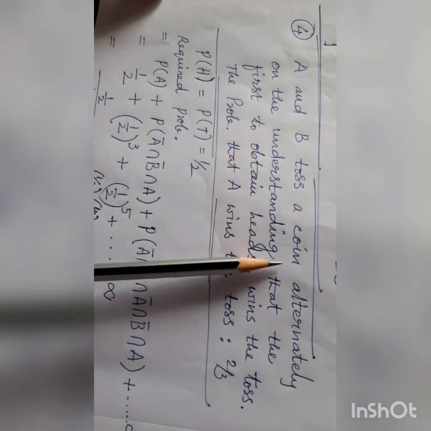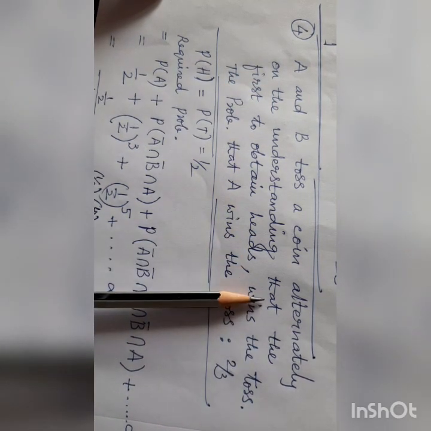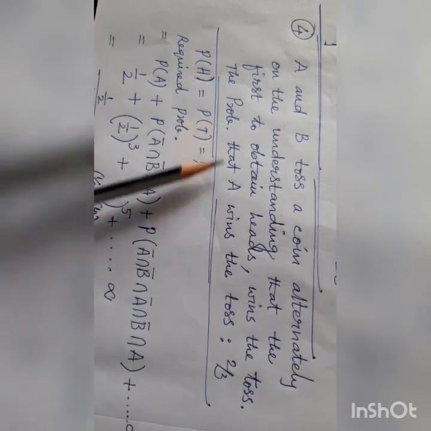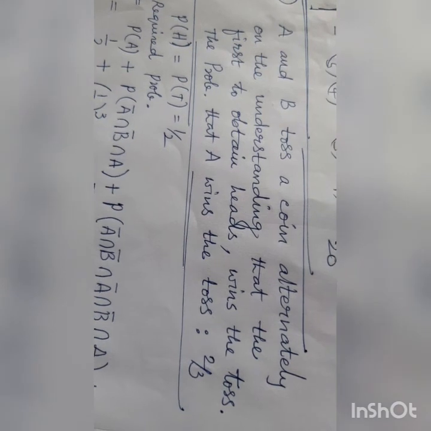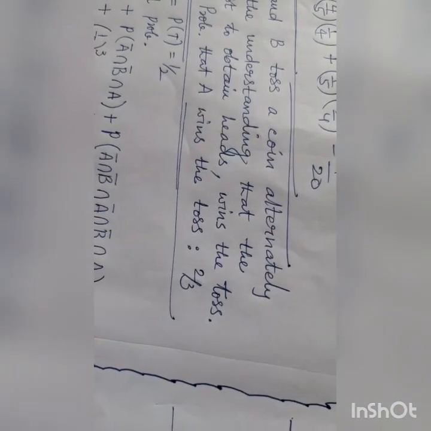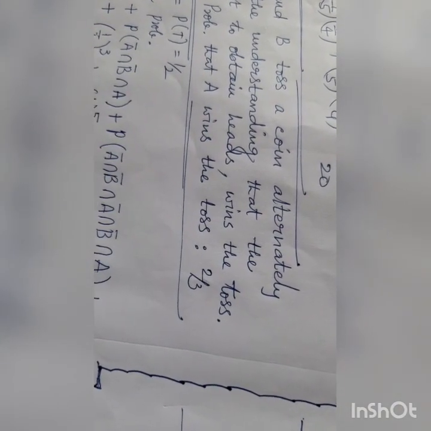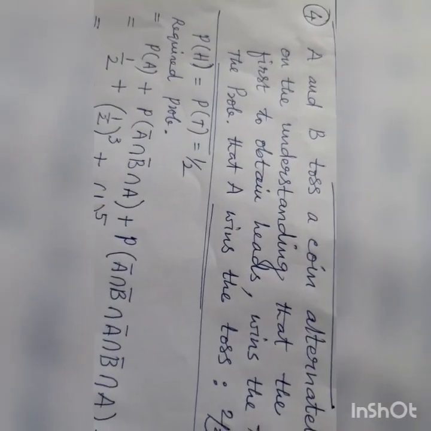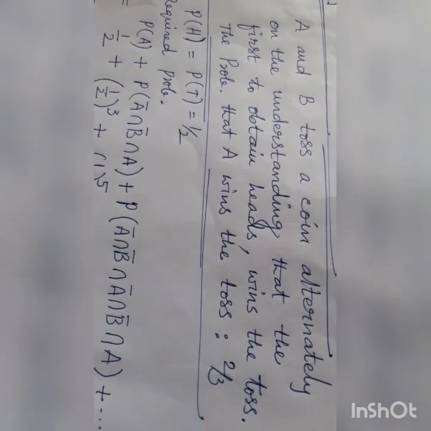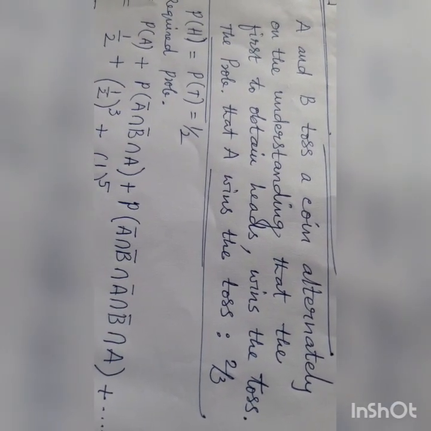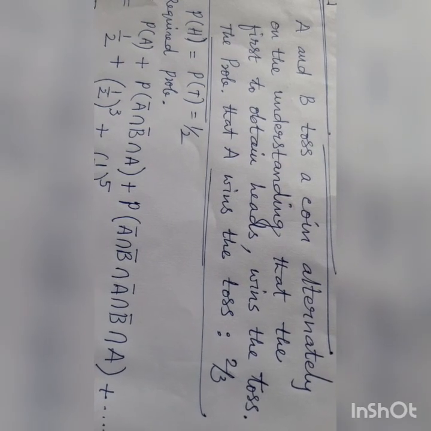A and B toss a coin alternately on the understanding that the first to obtain heads wins the toss. The probability that A wins the toss. A and B toss a coin alternately means what? A tosses a coin. He gets a head or tail, we don't know.